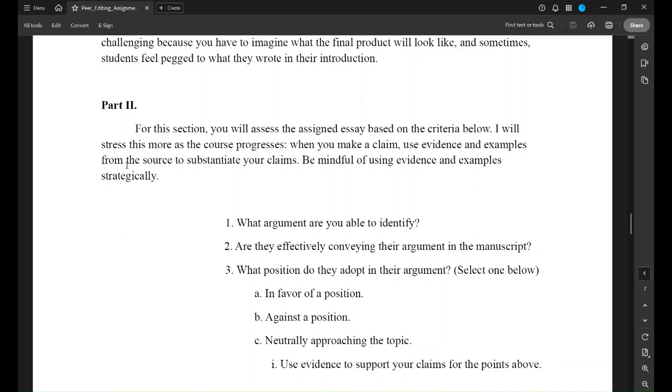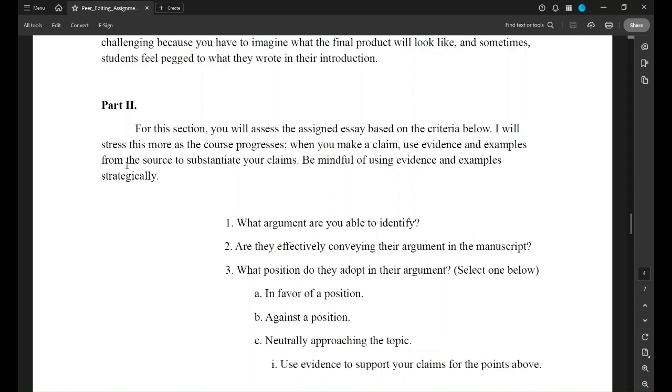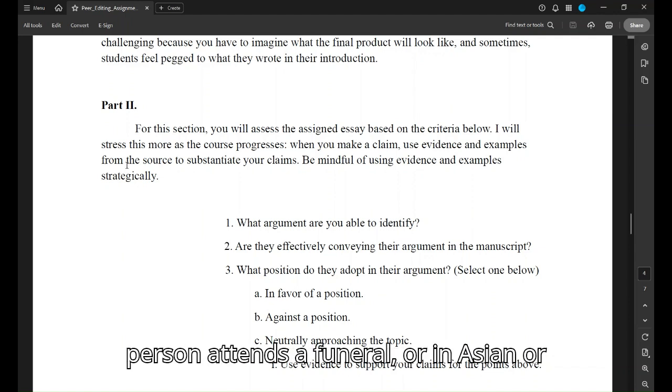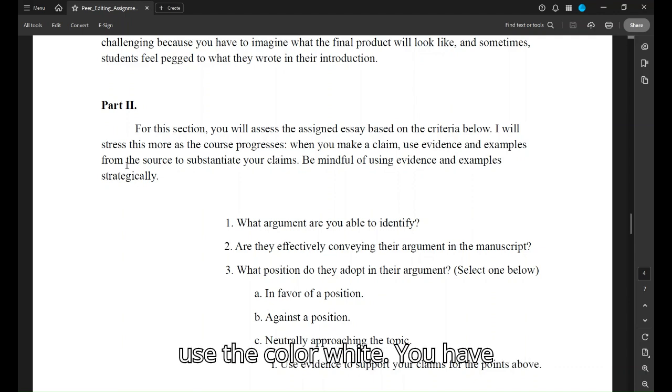Or you could use sensations. Or culture, like the color black in Western culture when a person attends a funeral, or in Asian or Eastern cultures where they use the color white.